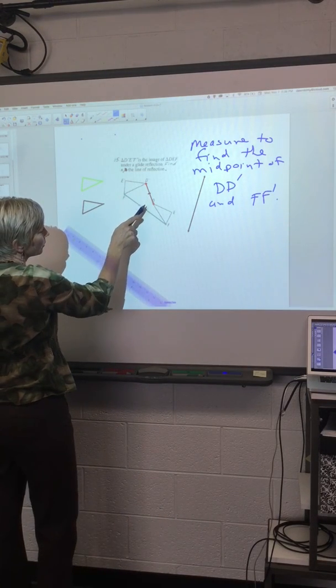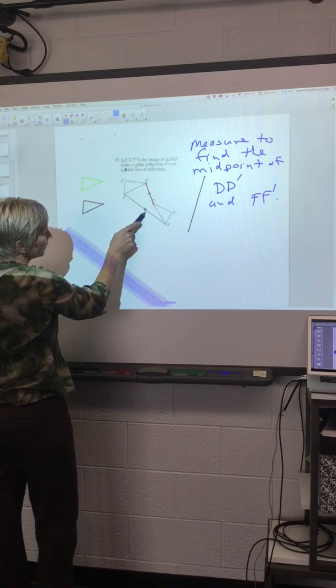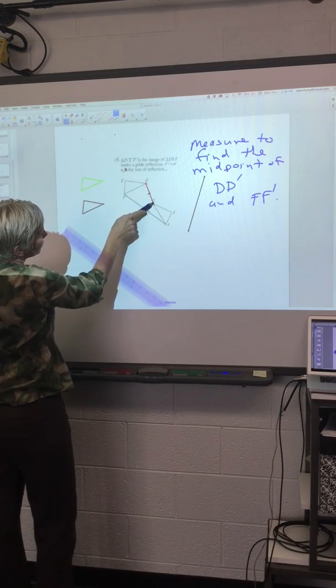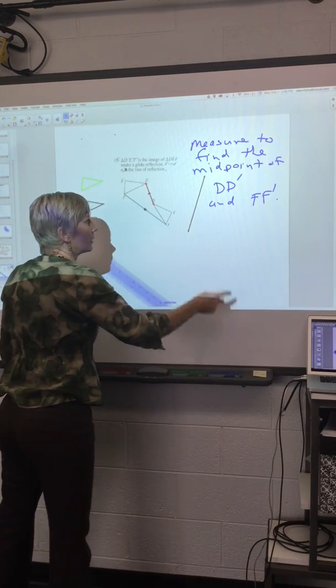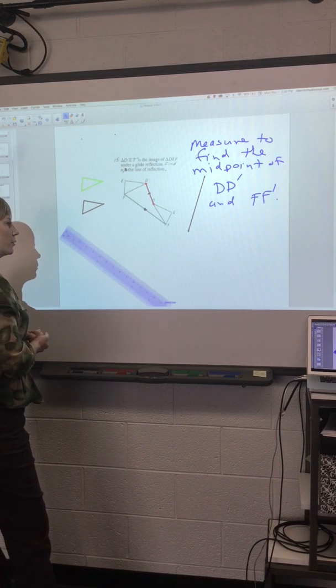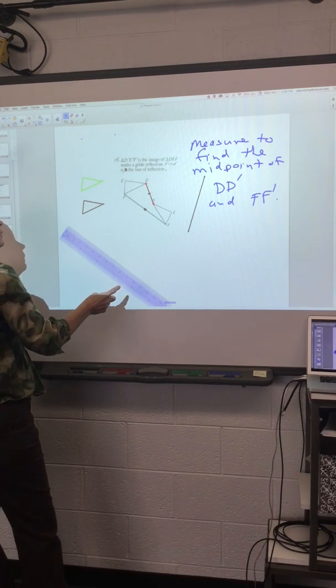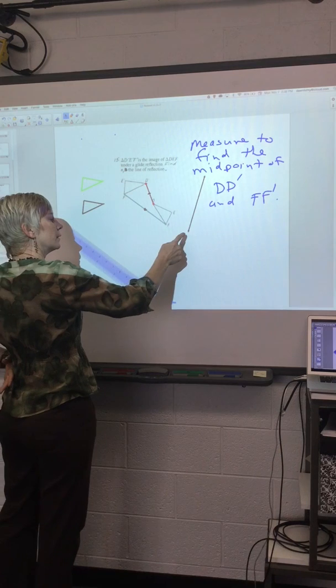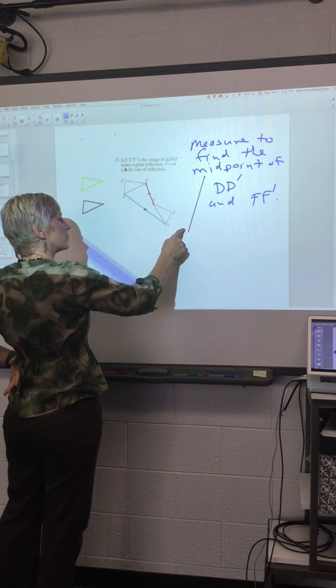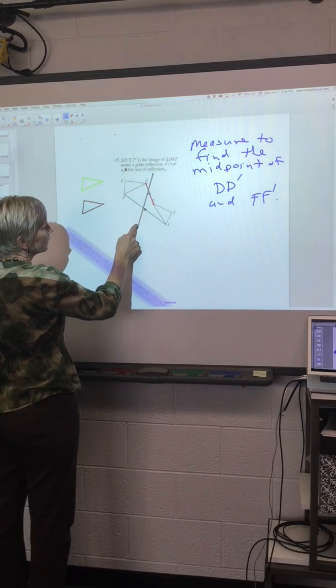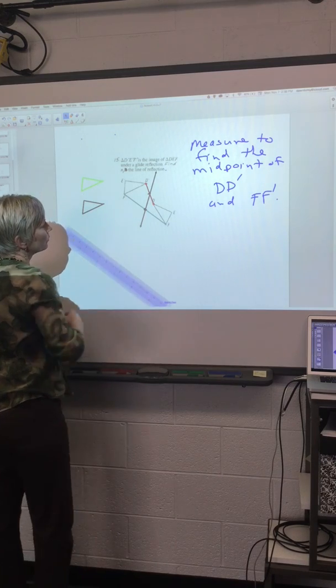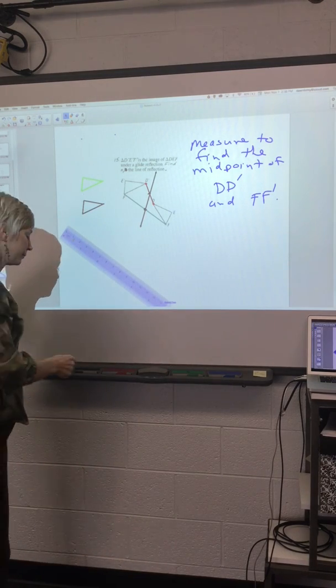Here that I marked. So on mine, I measured and found the midpoint of that blue line, and then measured and found the midpoint of the red. All right, so if you need to pause for a second and do that, go ahead. All right, and then take and draw that line. So that line here through those midpoints.